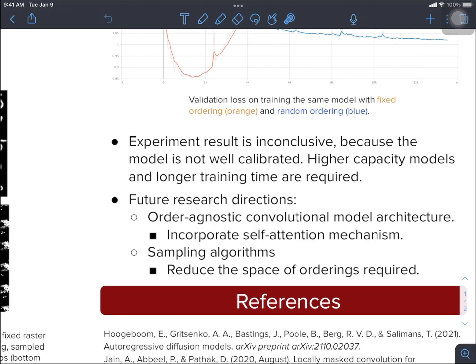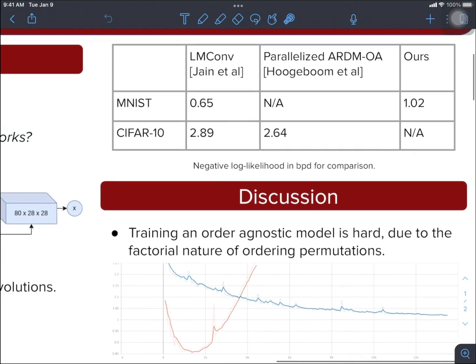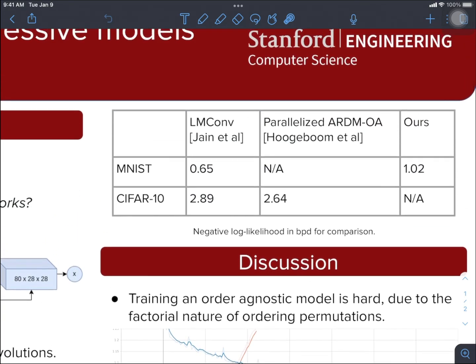Or we can work on sampling algorithms to make this parallel sampling algorithm better, in the sense that if we can reduce the space of permutations required to train the model, it will help with training a lot. And we might not need for the model to be well calibrated on all the orderings for us to be able to sample well enough and faster. So here what you see is the negative log likelihood compared to some other models.